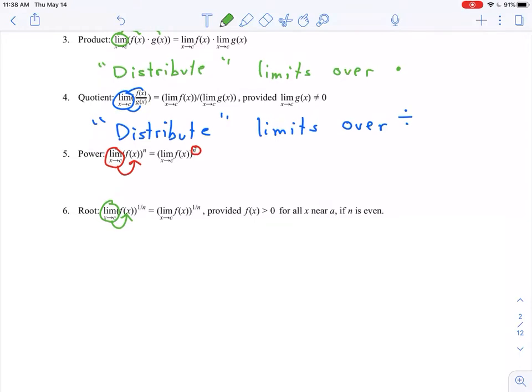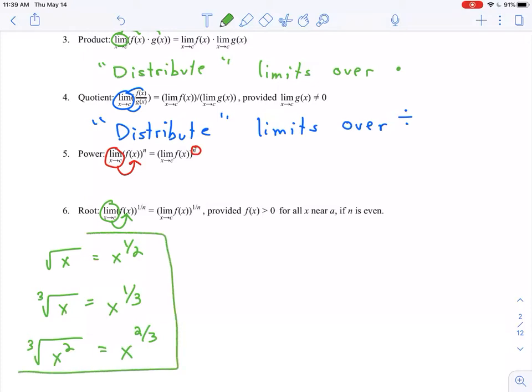Here, 1 over n is a different notation for a root, just as a reminder. Square root of x is really x to the 1/2 power. The cubed root of x is really x to the 1/3 power. The cubed root of x squared is x to the 2/3 power. Keep these in mind because these exponent rules are going to be really, really important in the next chapter.